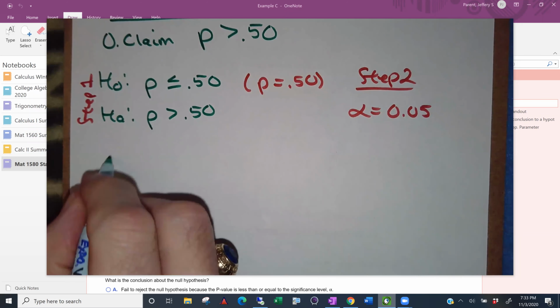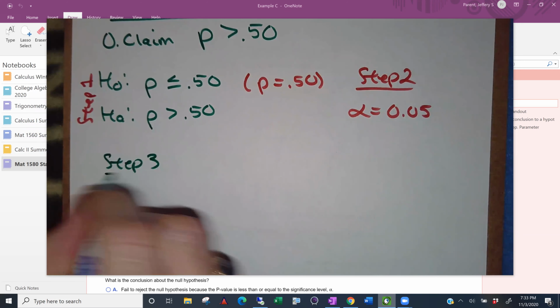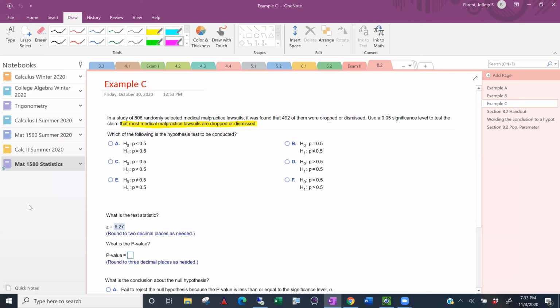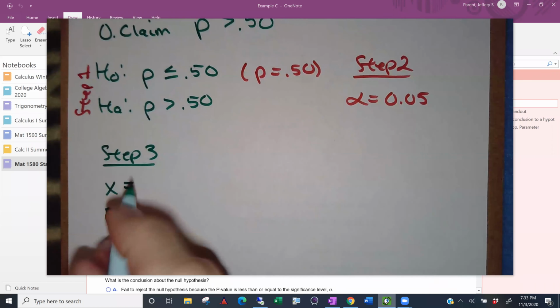Step three, we're going to need to gather and input some data. The relevant things we need to find here are X and N, the number of successes and the number of total possible cases. Those numbers are 492 and 806.